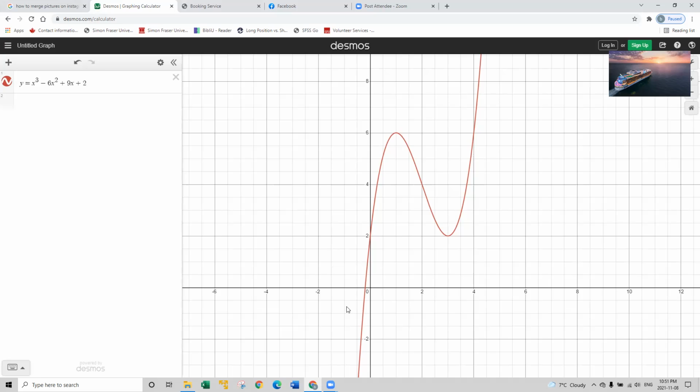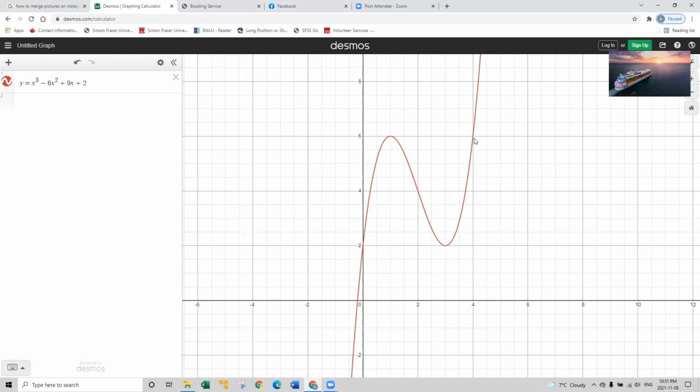It's concave down from negative infinity to 2, like it has the shape of a hat, and from 2 to infinity it has a concave up shape. It's increasing from negative infinity to 1 and from 3 to infinity, and it's decreasing from 1 to 3. Even the y-intercept being at 2 is all labeled here.